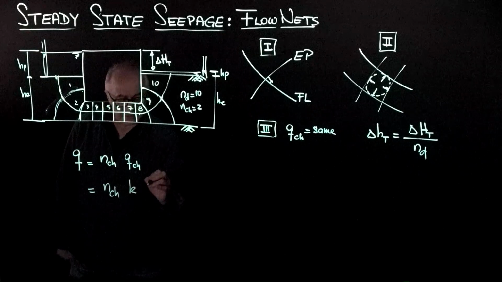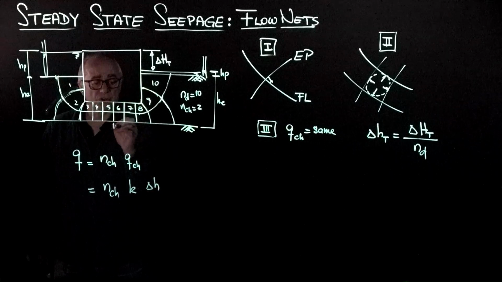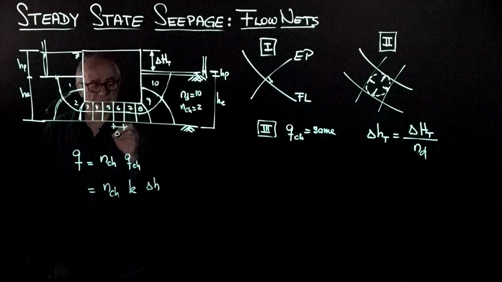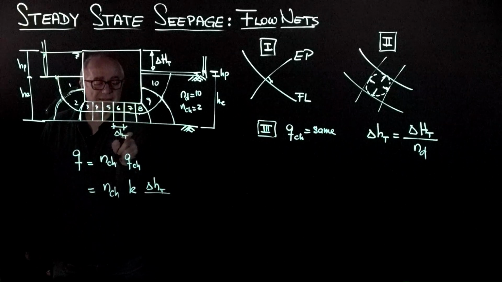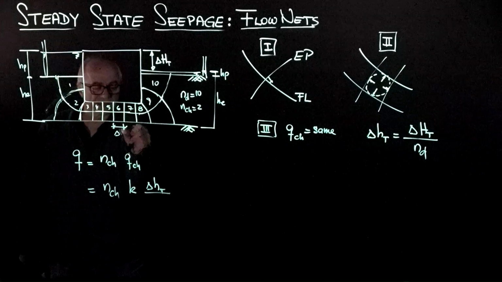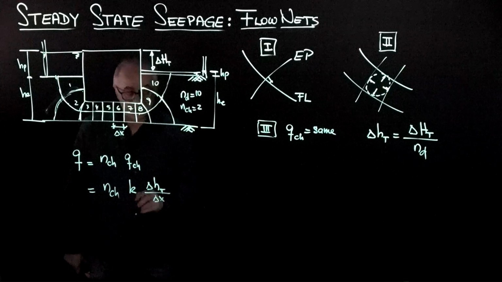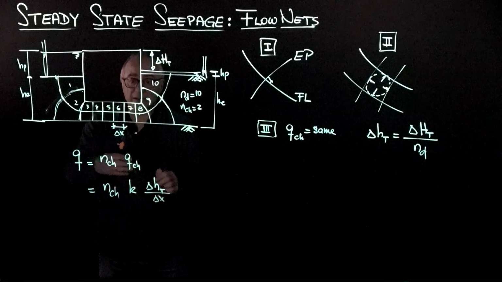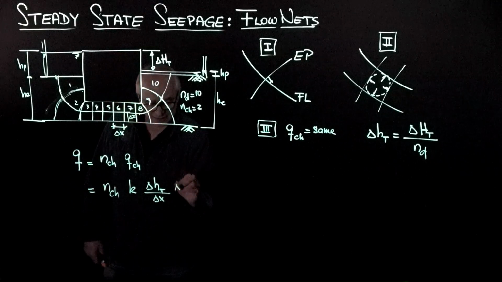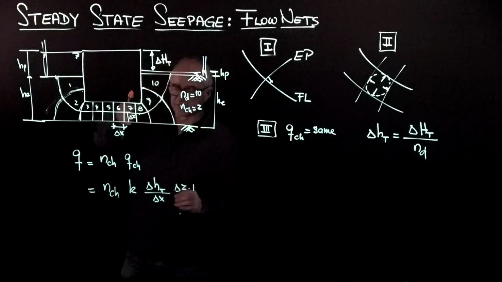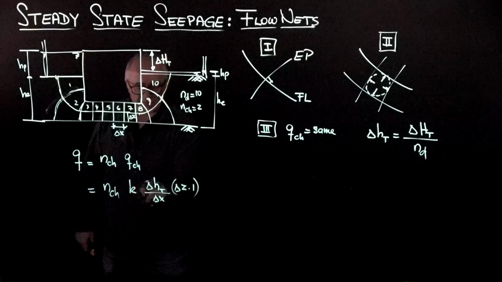The gradient is the change in total head between two consecutive equipotentials divided by this distance, I should have called this distance x, divided by delta x. And this flow is happening across a height delta z times 1, in the perpendicular direction is 1 meter of length, so this is KIA.